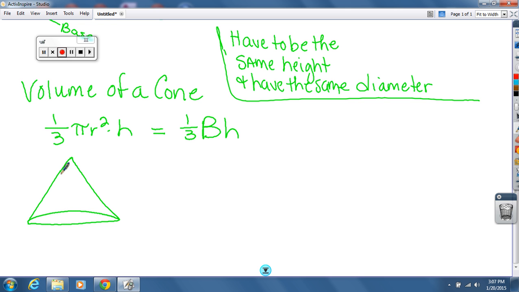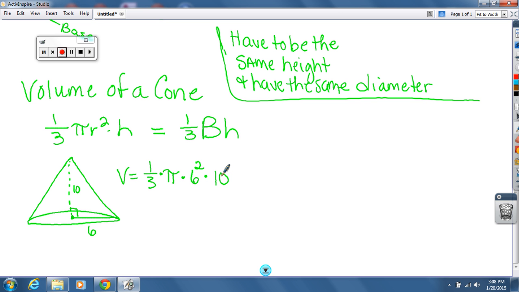As we look at cones, we can have some typical examples. If we're told that the radius is 6 and the height... Now the height of a cone always has to come straight down from the vertex. It's not your lateral height, it's just your height that you want. So let's make this a height of 10. Now we can plug this into our calculator. Our volume is what we want. So we have 1/3 times pi times 6 squared times height.